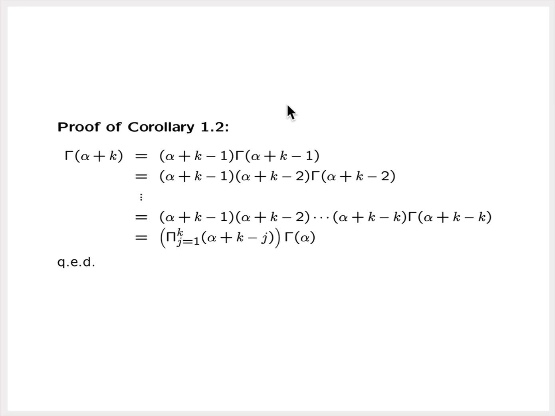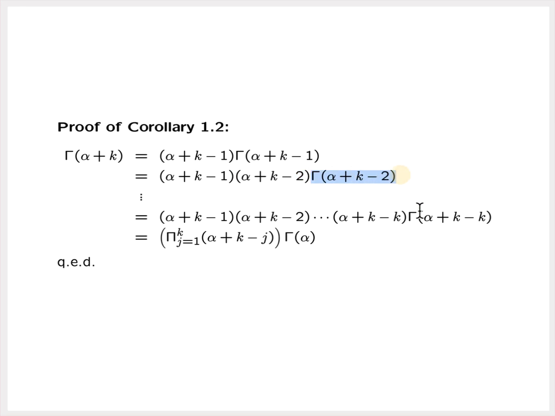Now, the proof of corollary 1.2: the gamma function evaluated at alpha plus k, by Theorem 1, is equal to alpha plus k minus 1 times the gamma function evaluated at alpha plus k minus 1. But now, the gamma function evaluated at alpha plus k minus 1, appealing to Theorem 1 again, would be equal to alpha plus k minus 2 times the gamma function evaluated at alpha plus k minus 2.